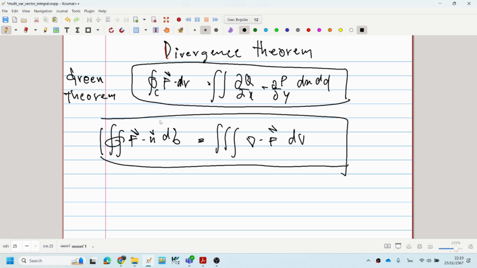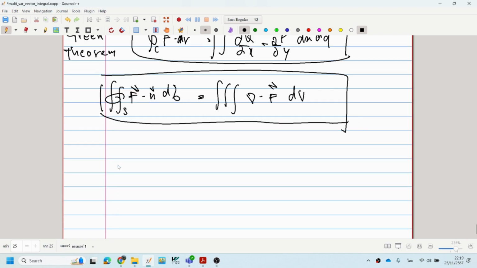Two surfaces assemble together to become closed, and you can use the volume instead to solve. It's more than one surface closed, a closed surface. And the Stokes theorem is the same kind of thing.